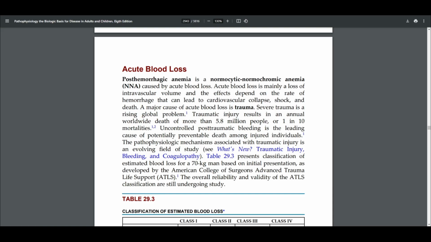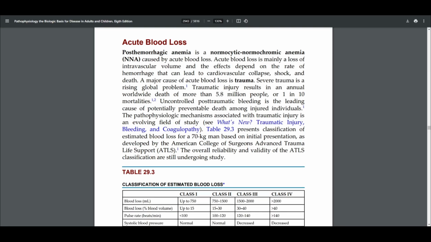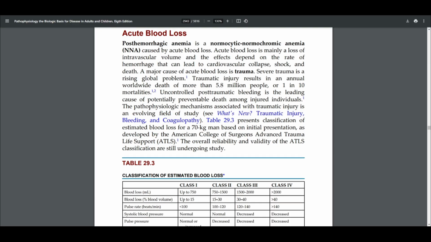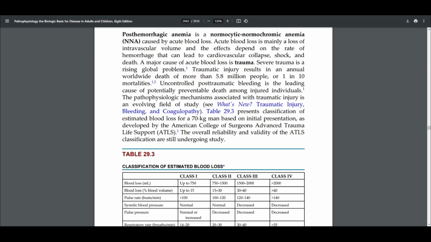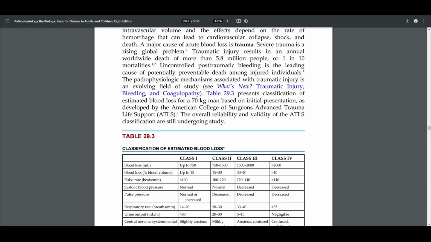The pathophysiologic mechanisms associated with a traumatic injury is an evolving field of study. So, this following table, 29.3, presents classifications of estimated blood loss for an average 70-kilogram man based on initial presentation, as developed by the American College of Surgeons Advanced Trauma Life Support.